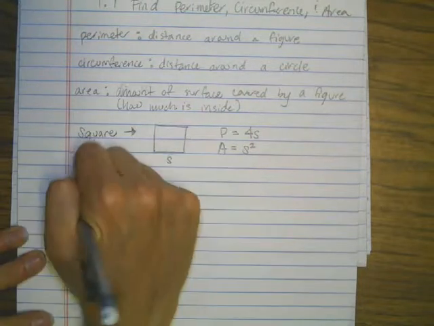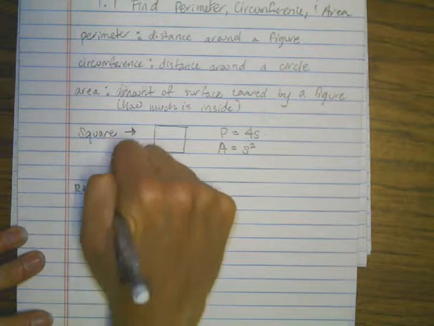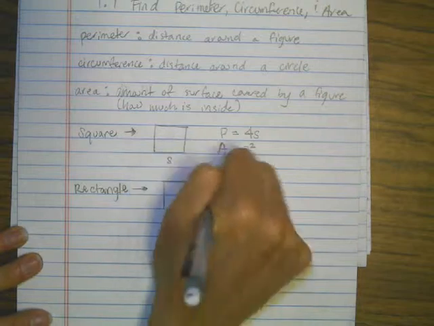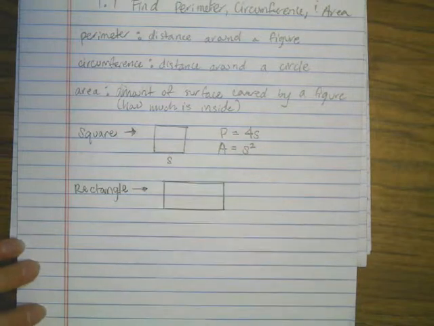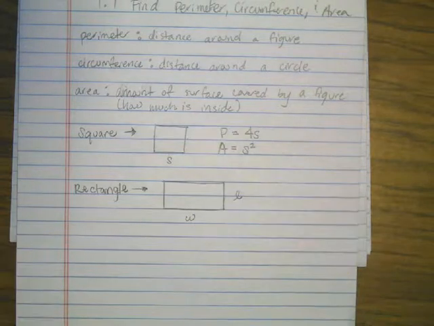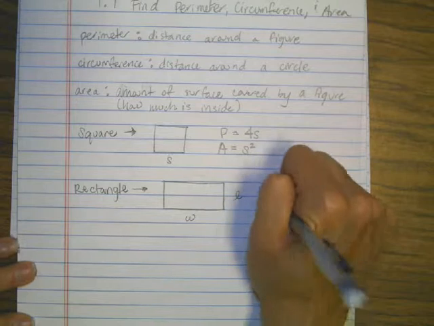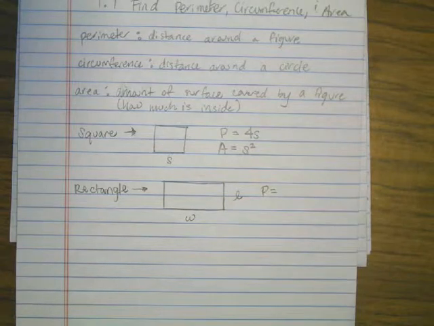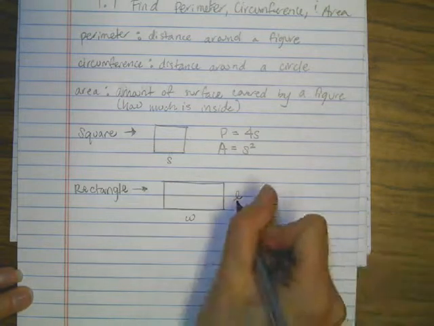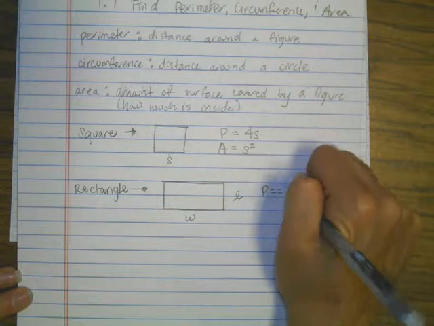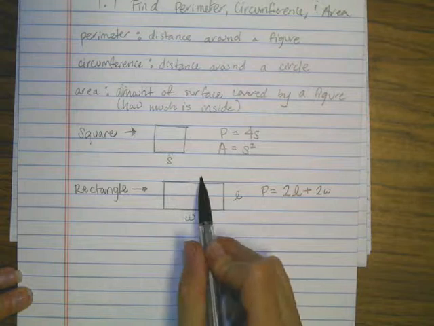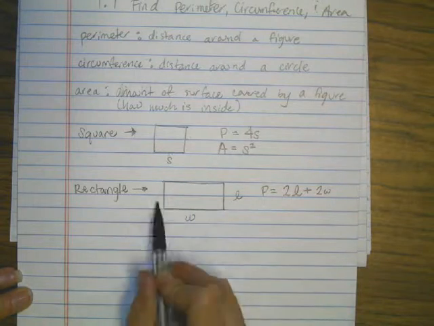For a rectangle, if we call one side the width and one side the length, the perimeter, which remember is how much is on the outside, the distance around the figure, since there's W and a W and an L and an L, because these sides are both the same, it'd be 2L plus 2W, because W plus W is 2W, and L plus L is 2L.